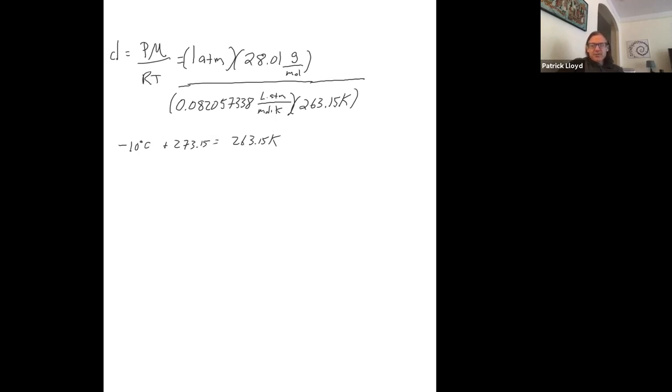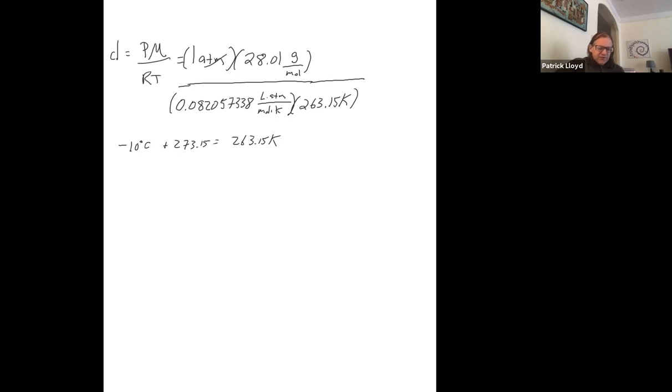I'm not sure what their logic is behind rounding to 3, because R has more than 3 and the molar mass has more than 3. You could actually use 12.0107 for carbon and 15.9994 for oxygen and have even more significant digits, but they said to round it to 3, so we'll do that.